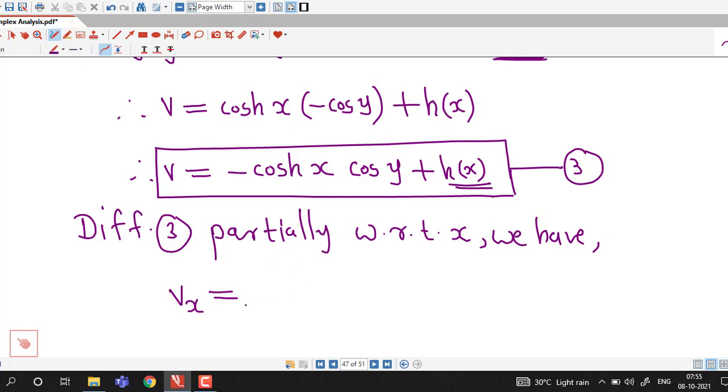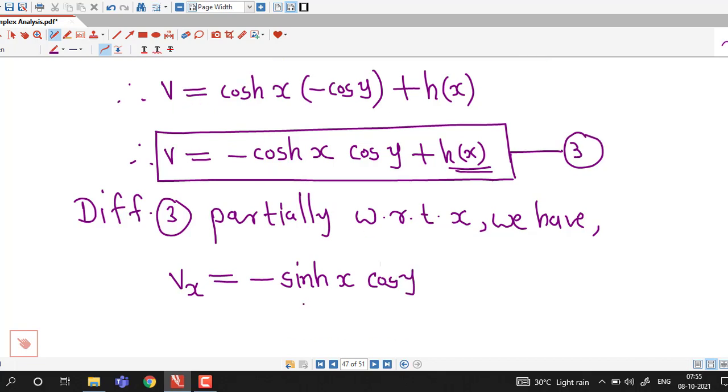So y is constant, therefore cos y is constant. Derivative of cos hyperbolic x is sin hyperbolic x. This negative sign remains as it is. Here h is a function of x only, so here we have the ordinary derivative of h with respect to x.